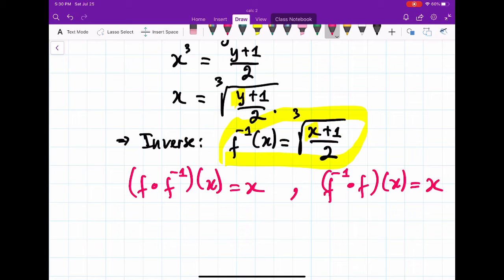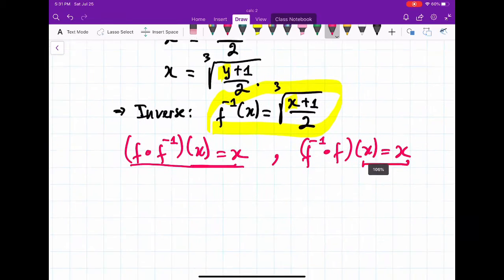Of course, this x is in the domain of the inverse, and that x is in the domain of the function f. And we see that the function f and f inverse are defined everywhere, on the whole number line. So we need to check these two conditions for any x in R. Okay, let's check one of them.